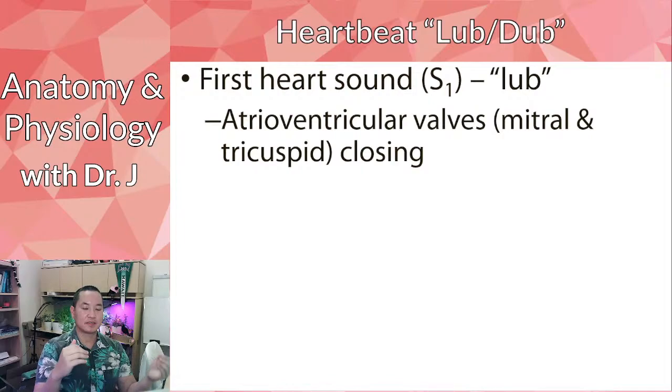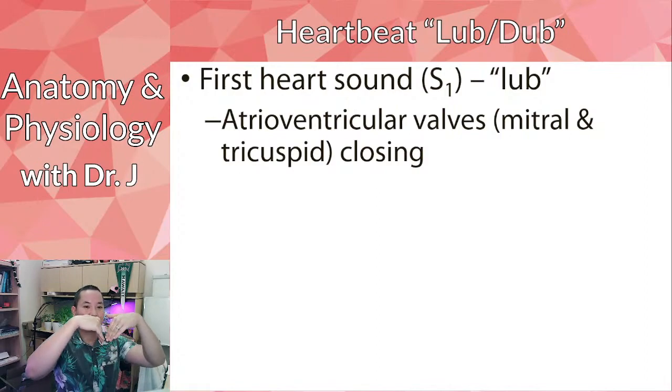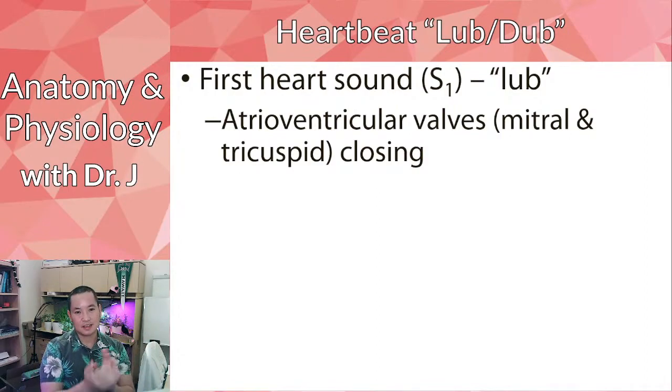Remember that when the ventricles squeeze, they increase their pressure, but these valves are trying to prevent blood from squeezing from the ventricles into the atria. So this is due to these AV valves shutting, and that's due to the chordae tendineae and papillary muscles helping to anchor those valves and preventing them from flipping and blowing out the wrong way.